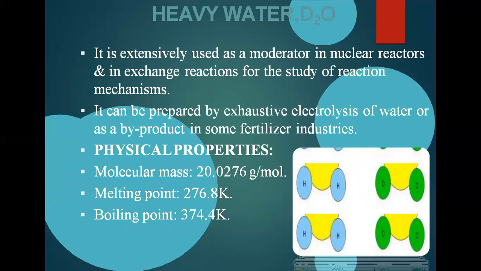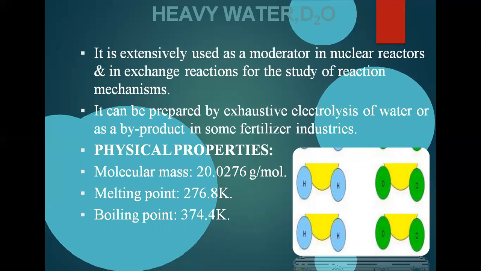Whenever we perform any nuclear reaction, something is there to control it. If it gets uncontrolled, a nuclear explosion will happen. It explodes and destroys everything. So that is why this is used as a moderator to control the reaction, and in exchange reactions to study the reaction mechanism.